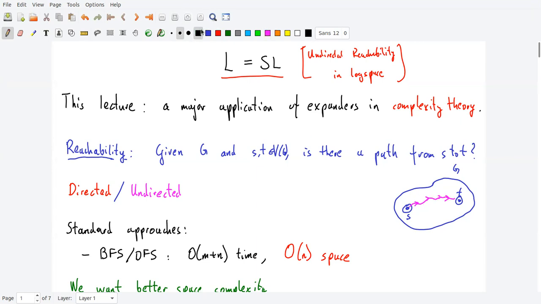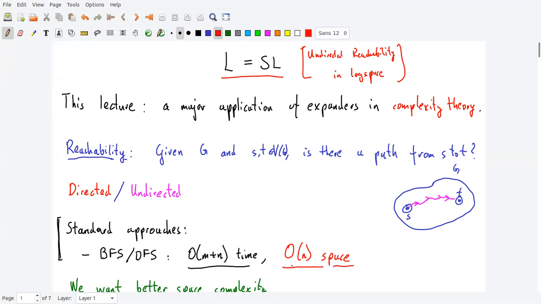The most classical approach, probably observed during the first lecture on graph algorithms, is to do BFS or DFS. Any graph searching algorithm solves this problem in linear time by essentially searching through the space of all the paths that start from S, and in both BFS and DFS you are using linear space.